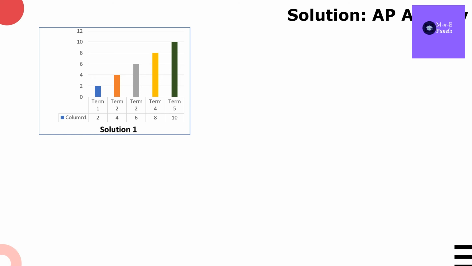And look, the difference between the length of the orange paper and the gray paper is also 2. For the fourth term, it is 8. It is yellow colored, and you will see that the common difference here is 2. And between the fifth and fourth term, there is also a common difference of 2. So it maintains an AP series.